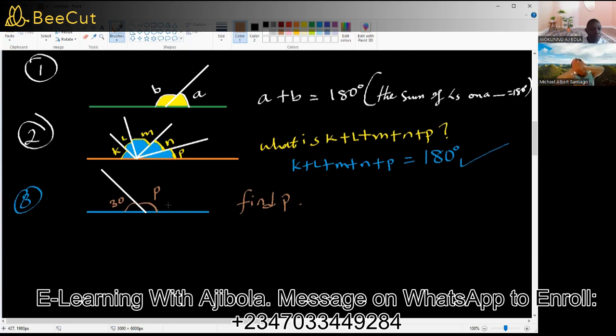Remember, we say if we add P and the other angle together, what are we supposed to get? 30 plus P is supposed to give us what? What is the total of this angle?